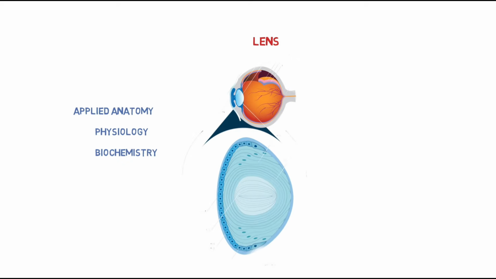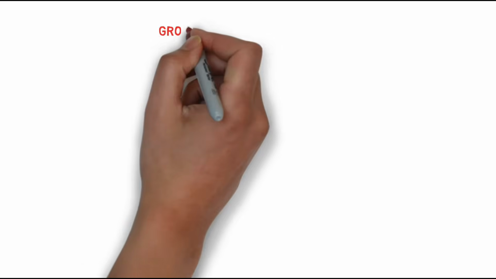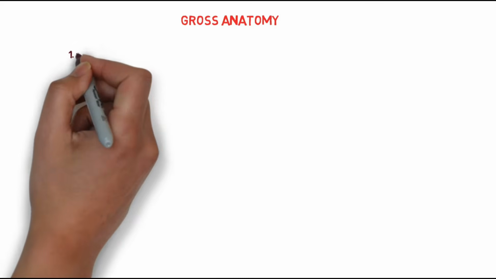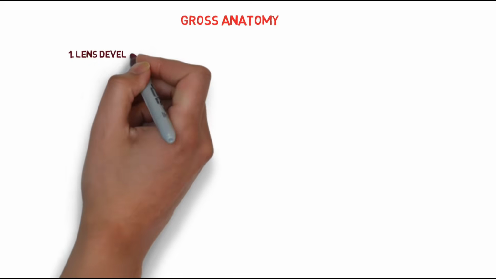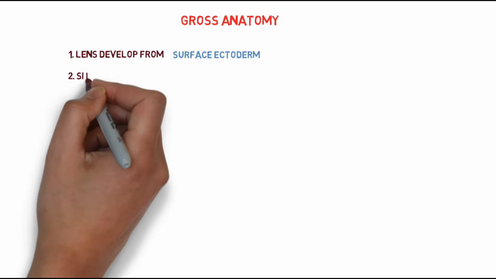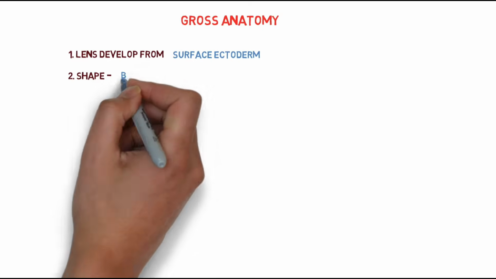This is very important because before starting cataract, we must know the anatomy of the lens. So here we go. From the gross anatomy of a lens, we must know these 10 points. The first one is the lens is made up of surface ectoderm and the shape of the lens is biconvex.